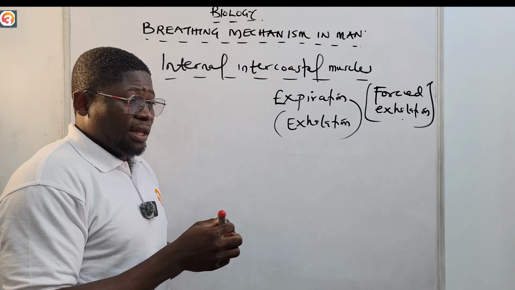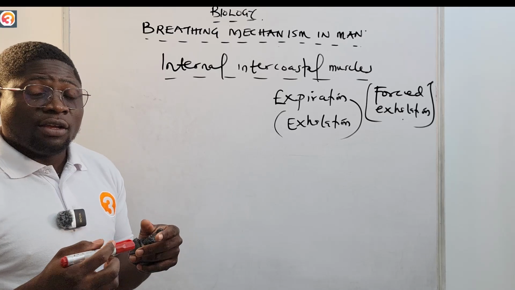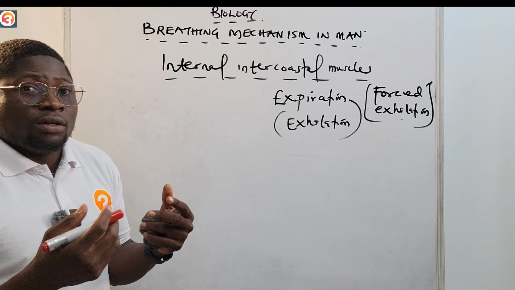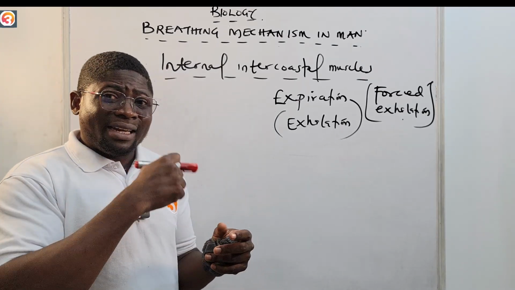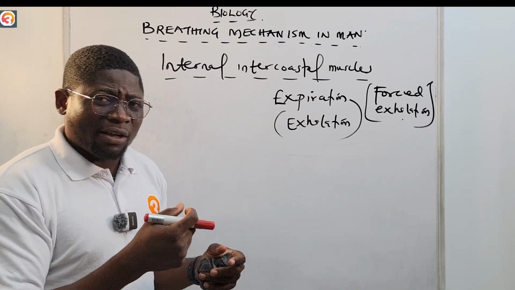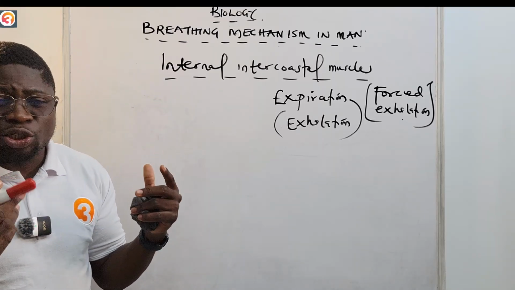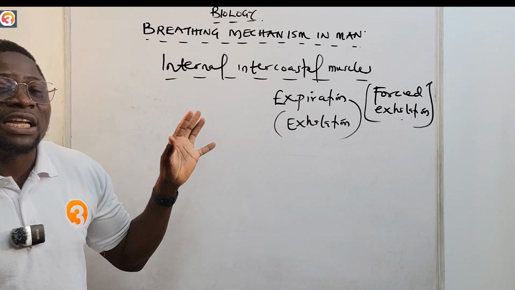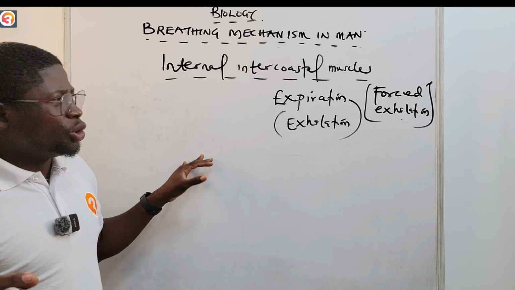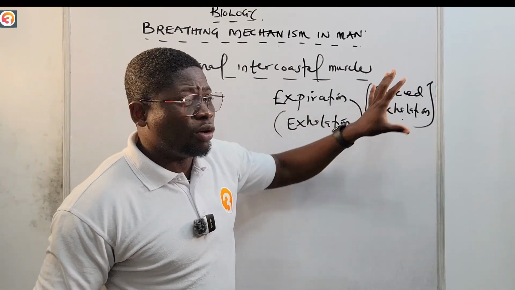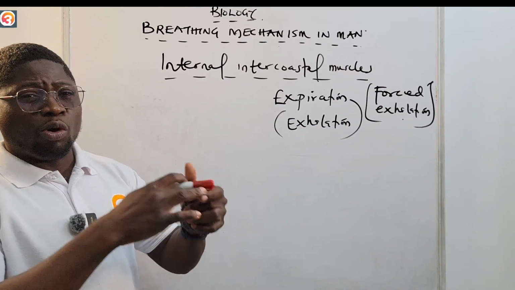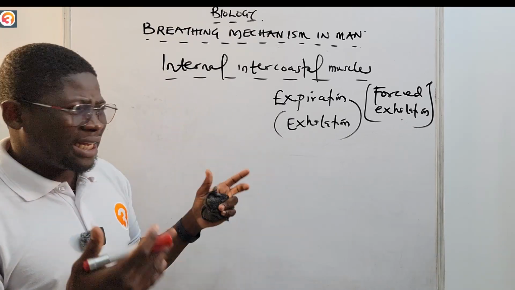For example, when you are running, or when you are coughing very hard. During forced exhalation, that is when the internal intercostal muscles will take action. Those are the examples.